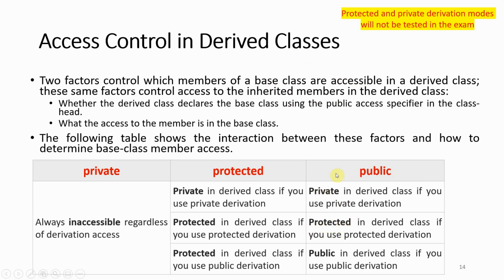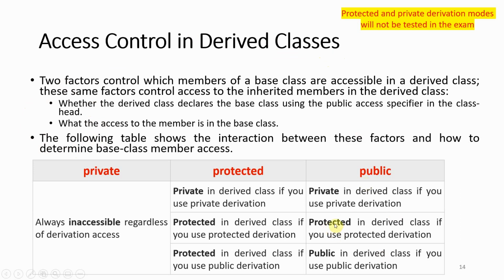Similarly, protected is also, sorry, it's more strict than public, right? So if the member variables or functions in the base class are public, but they are inherited using the protected derivation access mode, they are going to become protected.